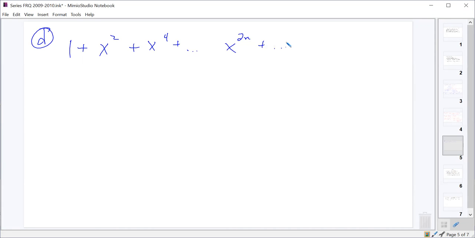And if we are looking for h of 1/2, how do we go about finding h of 1/2?